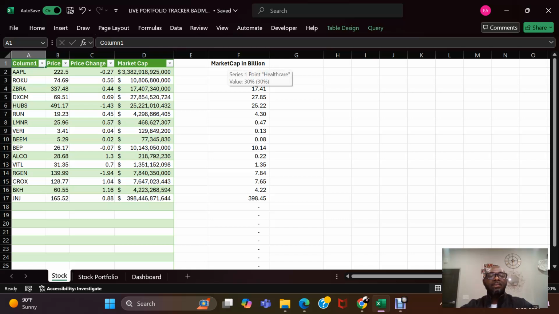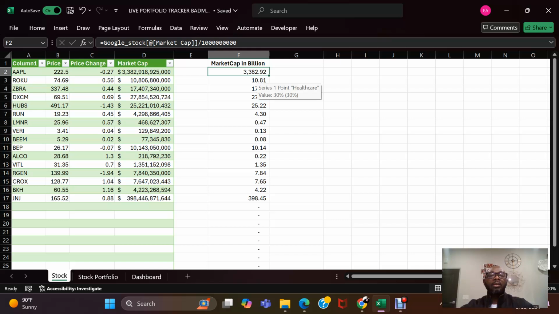I decided to change all of these to billion. So I simply say this column divided by 1 billion, and that's why you have all these capitalizations in billion.